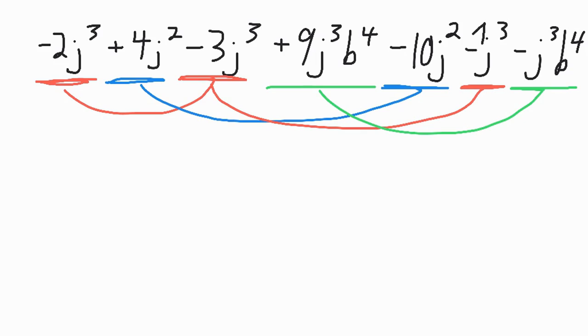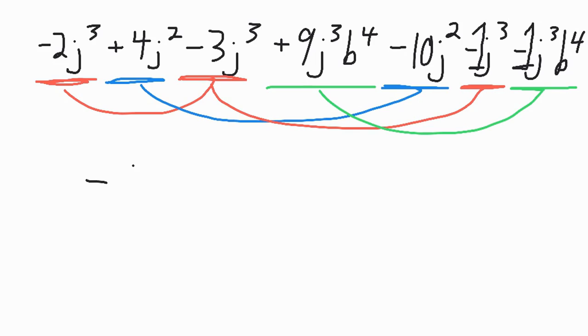Let's just write a 1 in here. And actually, while I'm at it, I'm just going to do it with the last term also. There's a 1 in here also. If you do not see a coefficient, the coefficient is 1. So let's start that again. We have -2 minus 3 is -5, minus 1 is -6.